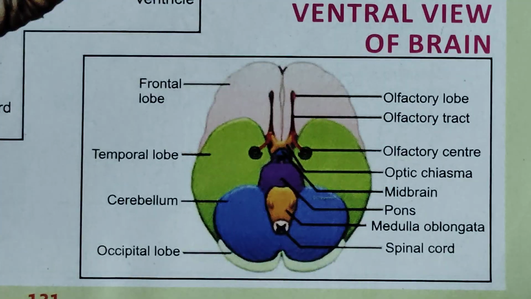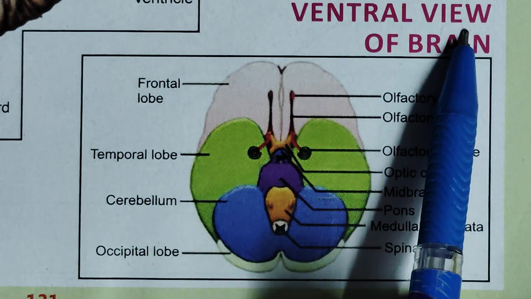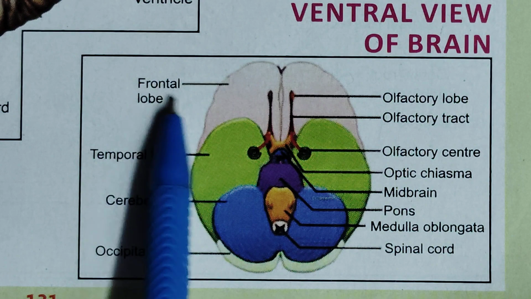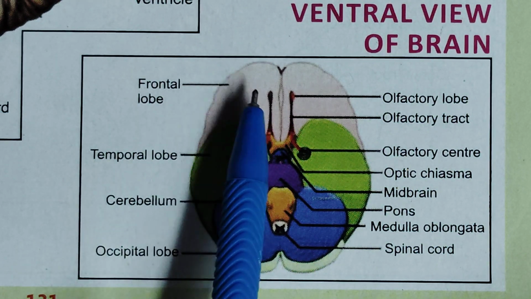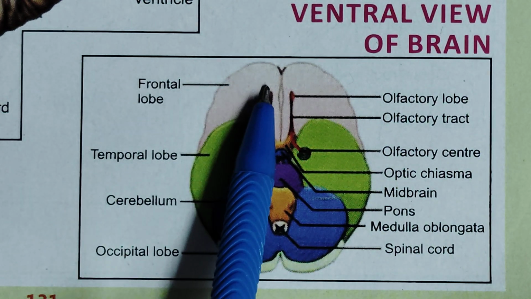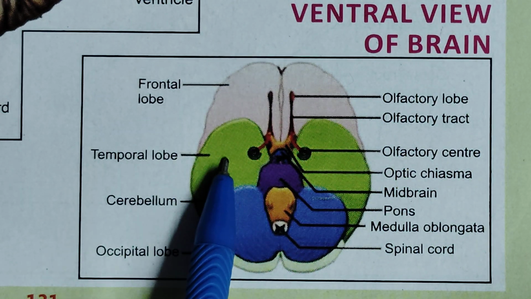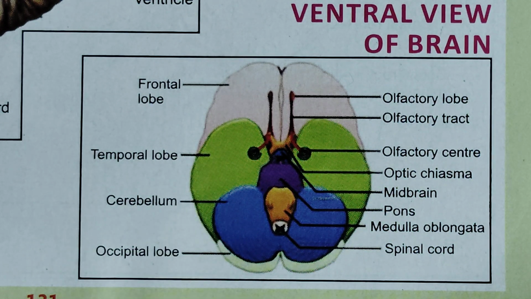Next is the ventral view of the brain. There is the frontal lobe, the front part of the brain. Next is the temporal lobe, greenish in color.